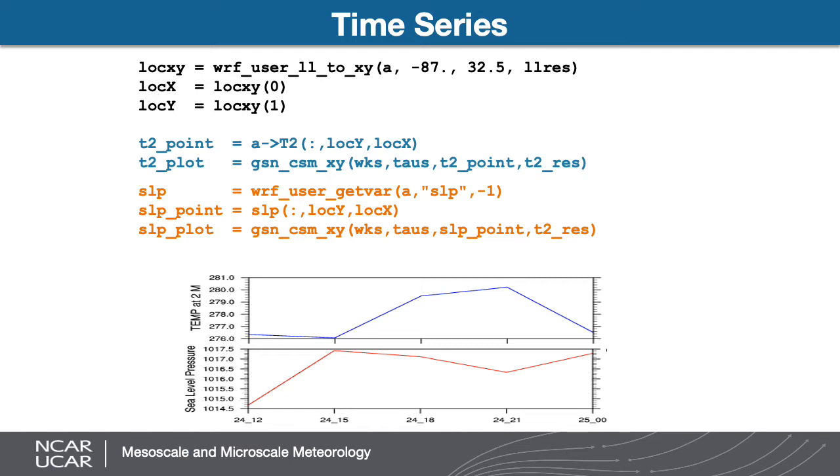We'll calculate SLP using WRF user getvar, reading in all the times, and then make a new variable called SLP point, which equals SLP for all the times with that colon, and then the location of y and x. Then we plot SLP the same way we did the T2 plot.